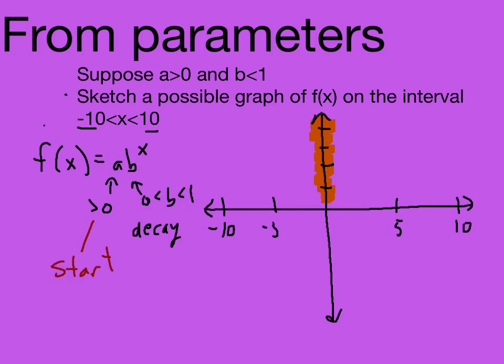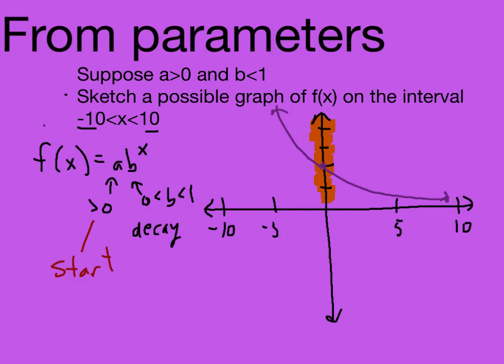So I'm going to make a be right here at 2. I could have put it at 3, I could have put it at 5, I could put it at 7, but I'm going to decide to put mine at 2. Because it's a decay graph, we need to make it look like a decay graph. So remember, that simply means we need to start up here, go through your intercept, and out this way.